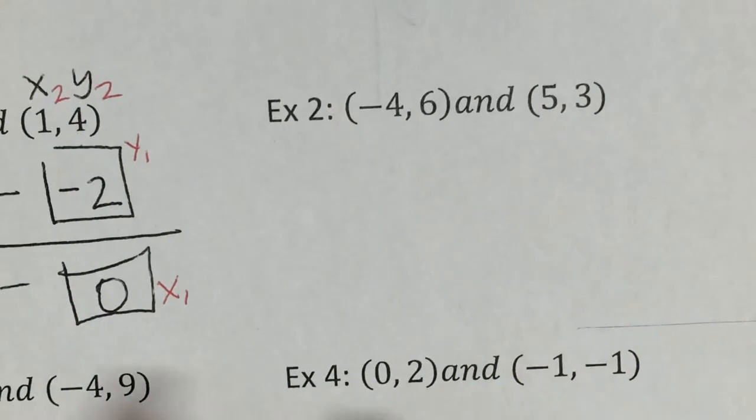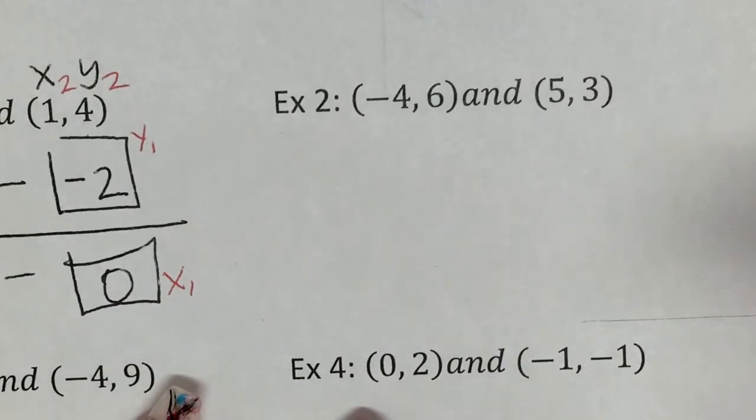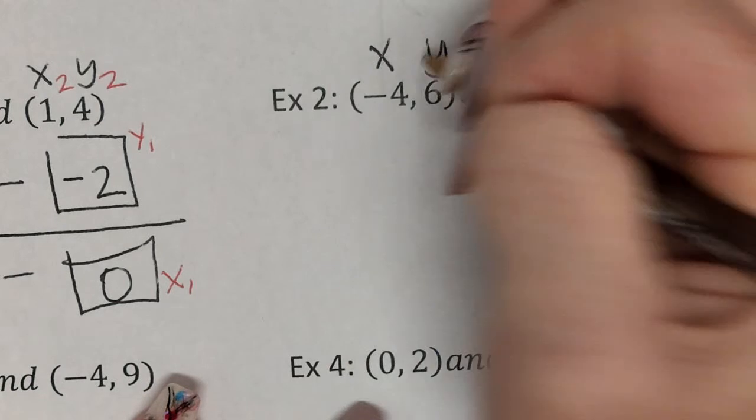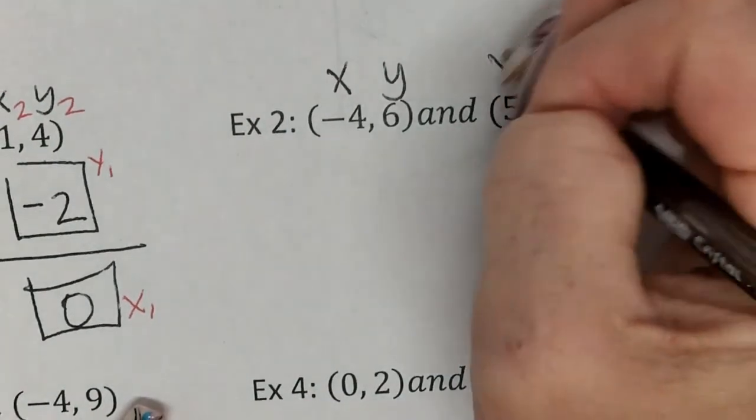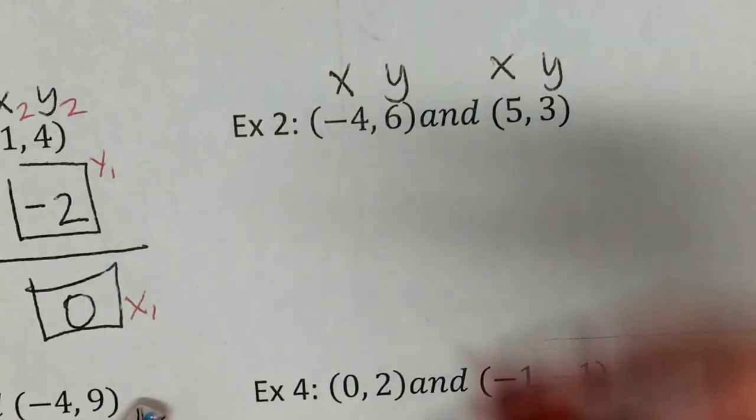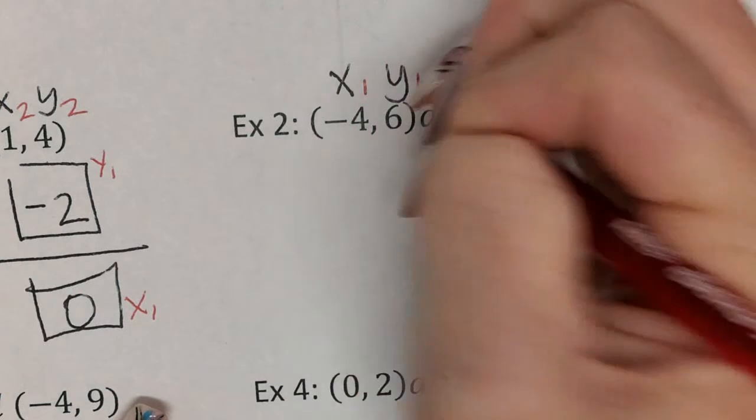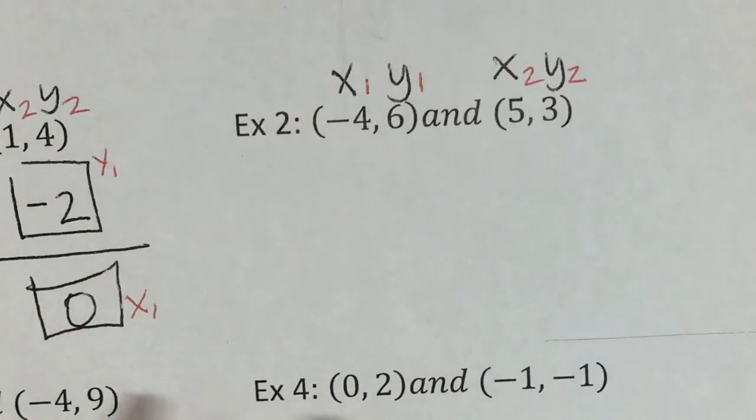All right, y'all ready for the second one? Here we go. What's the first thing I'm going to do? Label. This is an X. This is a Y. This is an X. This is a Y. Since these came first, I'm going to call them my 1's, and these are my 2's.